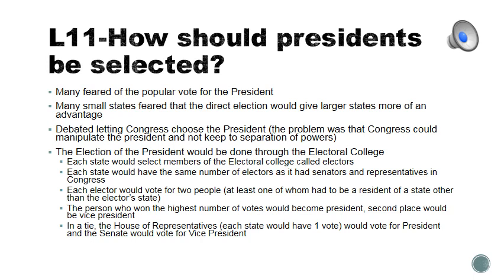Many small states feared that direct election would give larger states more of an advantage. So one argument today about the Electoral College is that larger states, New York and California, would be determining every single election. And that's a pretty valid argument because there are more people in Los Angeles County, California than there are in 39, 40 states.